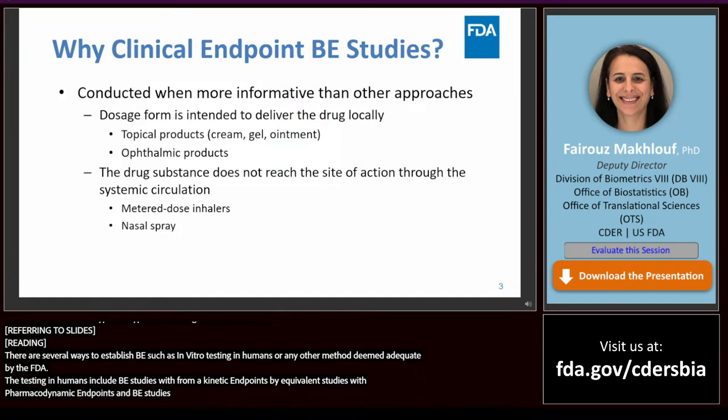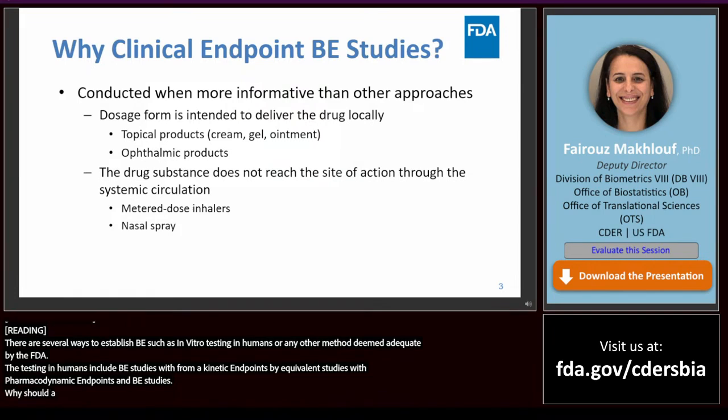So when should a clinical endpoint bioequivalence study be conducted? A comparative clinical endpoint bioequivalence study is conducted when it is more informative than the other approaches I mentioned.